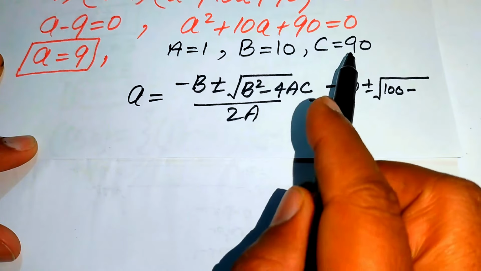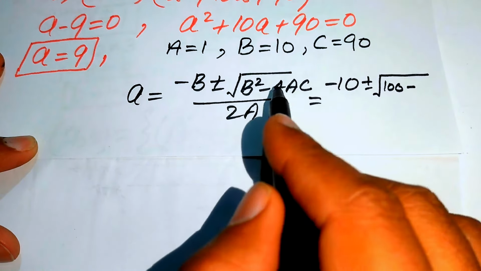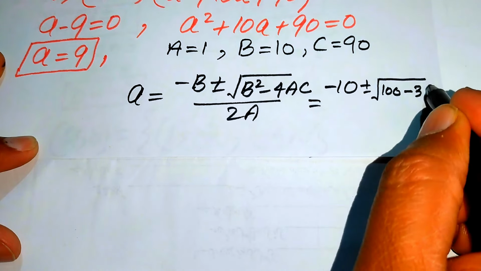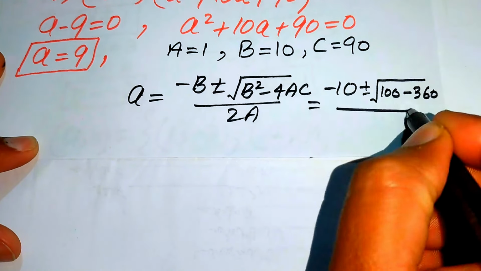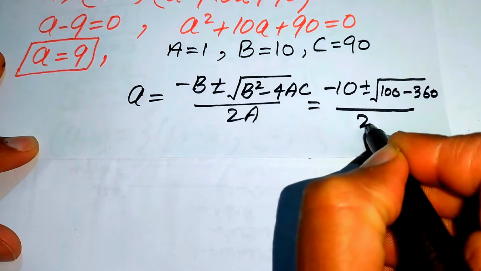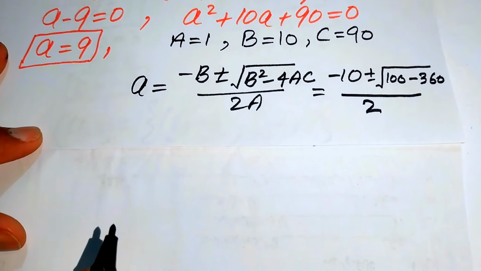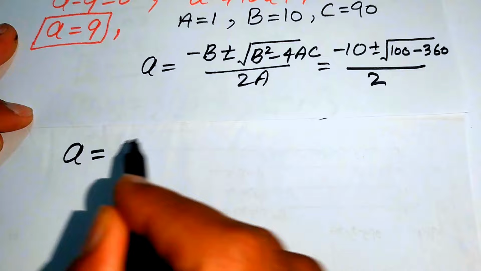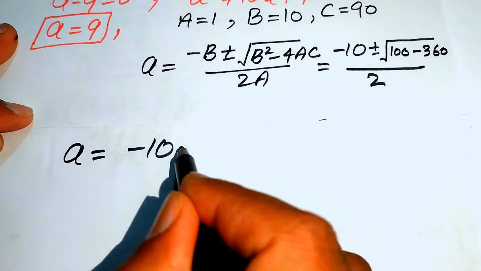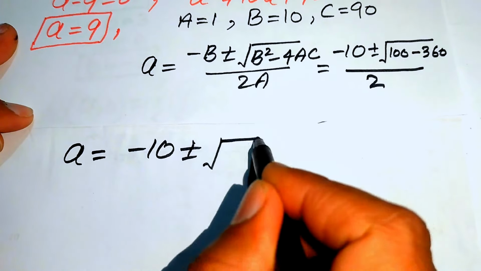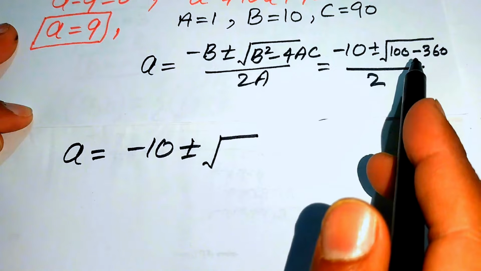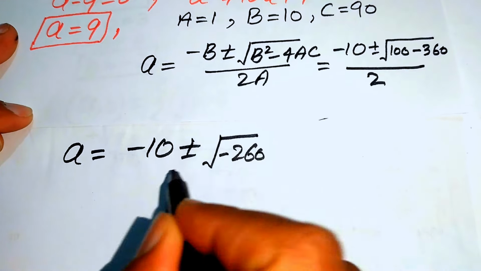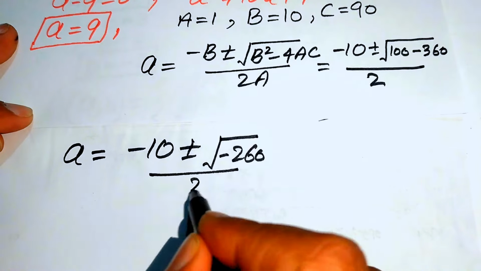Our a is 1 and c is 90, so 90 times 4 becomes 360, divided by 2 times a, and our a is 1, so it becomes only 2. Now we simplify this equation and we get a equals minus 10 plus minus the square root of 100 minus 360, which is minus 260, divided by 2.